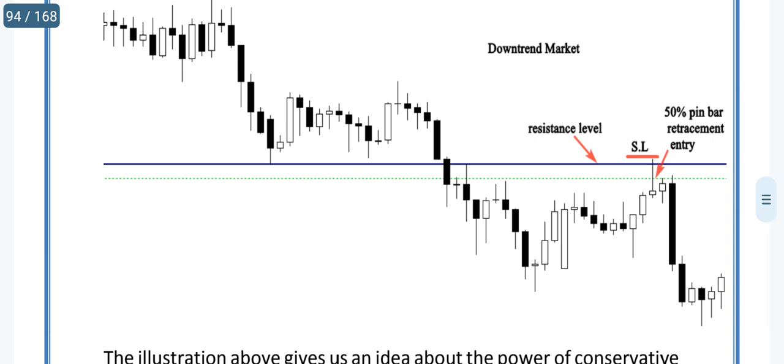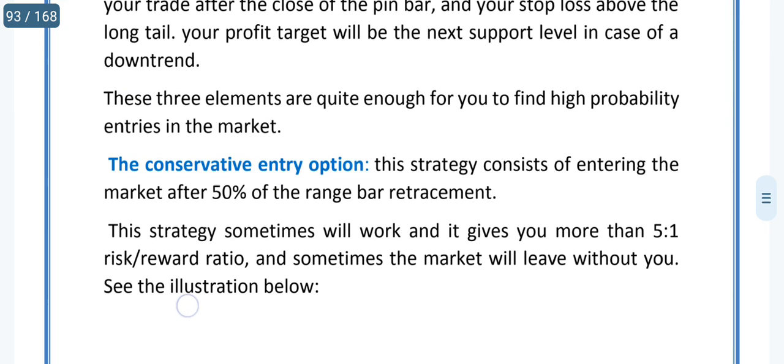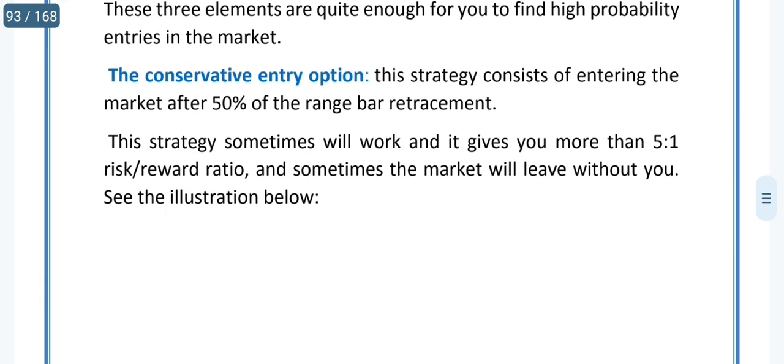As you can see, the green line is highlighted. So it is a 50% penny bar retracement entry. As you can see, it is half the penny bar. So it is called the conservative entry option or point.